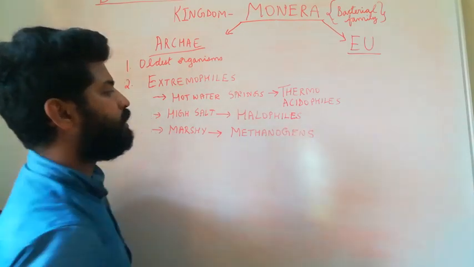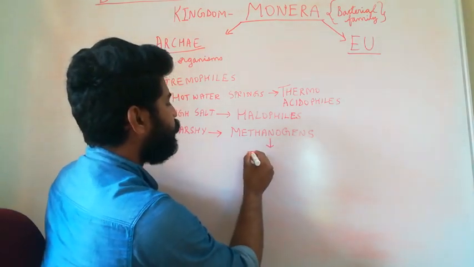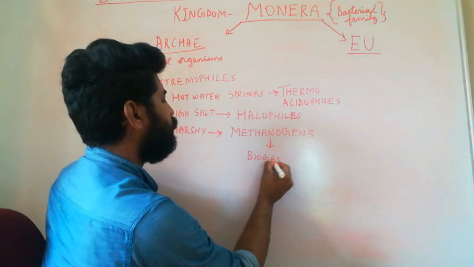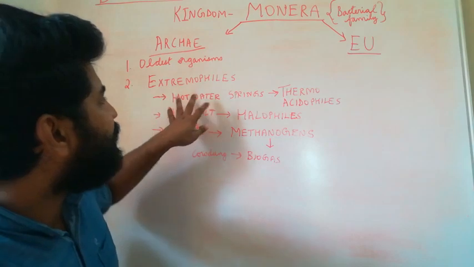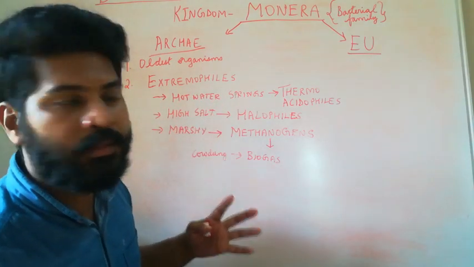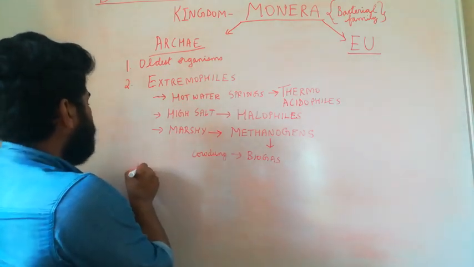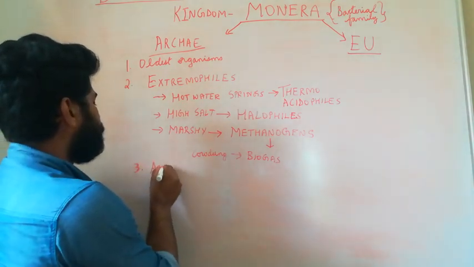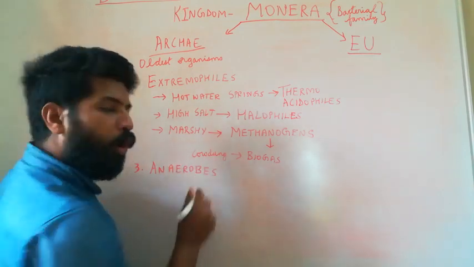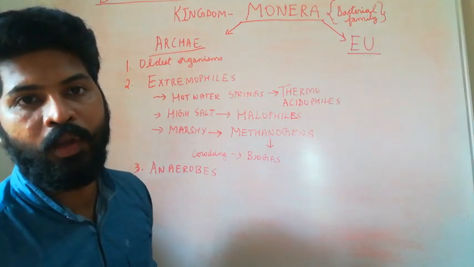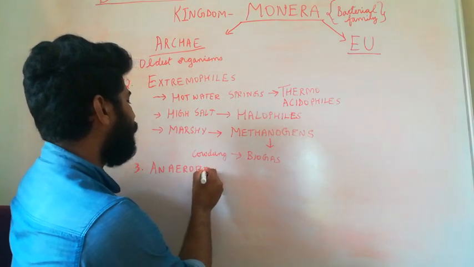These methanogens are used to produce biogas from cow dung. Because they are present in such extreme conditions, these are called extremophiles, and these are anaerobes, meaning they do not require oxygen at all. They can survive without oxygen also. So these are anaerobic bacteria.